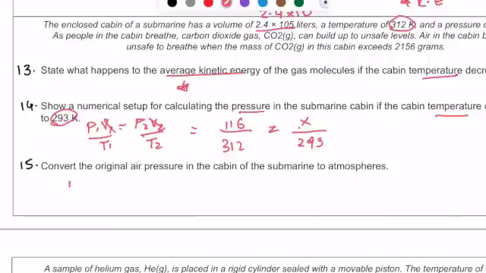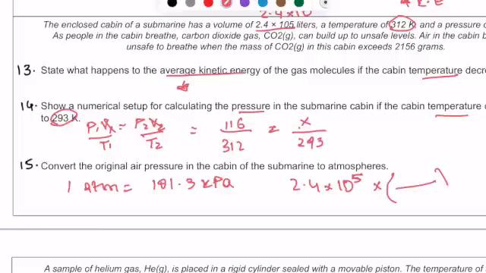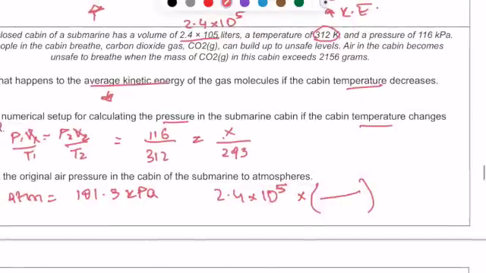Convert the original air pressure in the cabin of the submarine to atmospheres. So remember, 1 atmosphere is equal to 101.3 kilopascal. This is something that you should memorize, but you can also get this information from table A. So you can just use dimensional analysis, multiply 2.4 times 10 to the power of 5 with, so this is, uh-oh, I used the wrong thing.